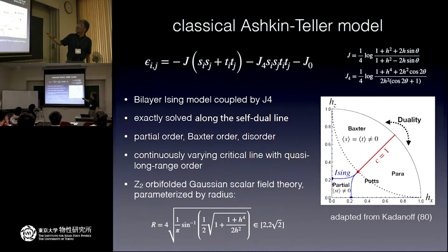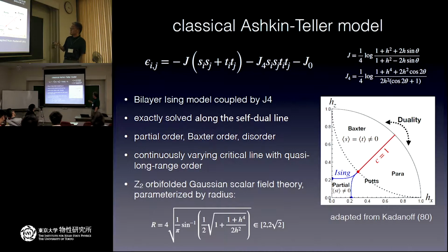This statistical model is also exactly solvable only along the self-dual line, and away from this self-dual line, people can use other numerical methods to get the transition line. So this is the phase diagram for the classical Ashkin-Teller model.